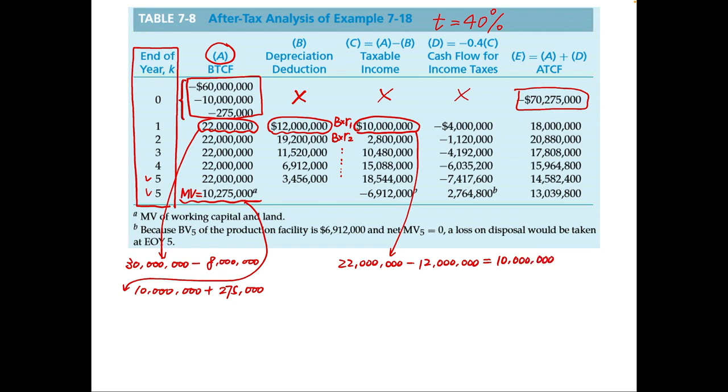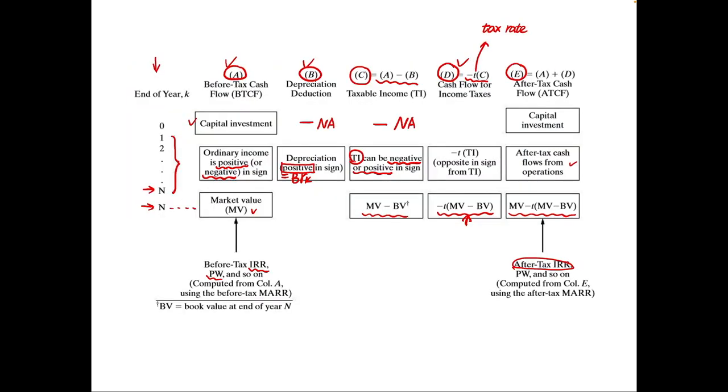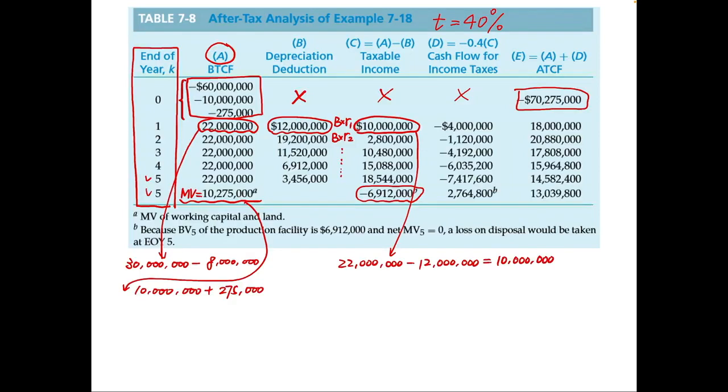And the last number in column C should be MV minus BV. MV is 10 million something, and the BV5 is 6 million.